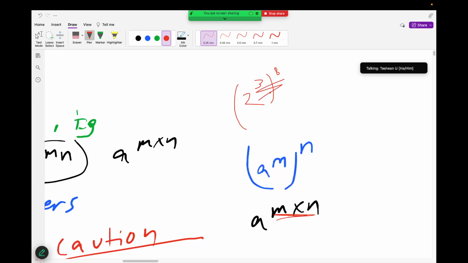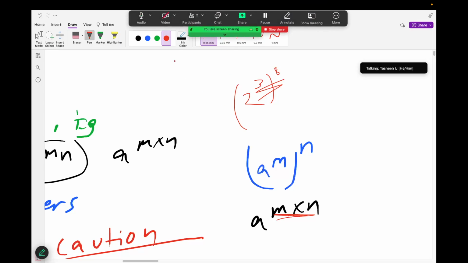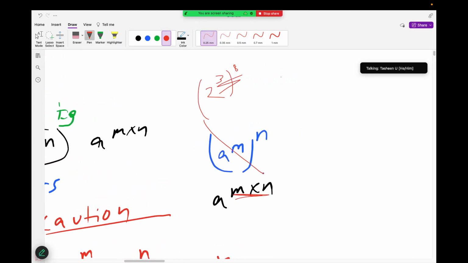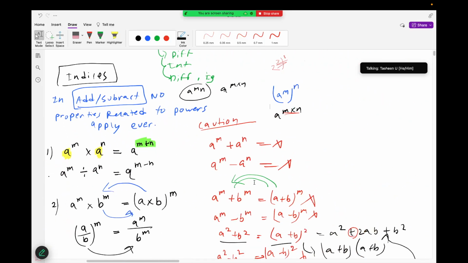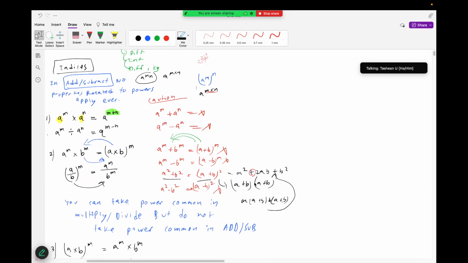So here we have 3 multiplied by 8. You already know this, right? So (a^m)^n, we can multiply the powers to get a to the power m into n. Okay, so that's the slight revision.